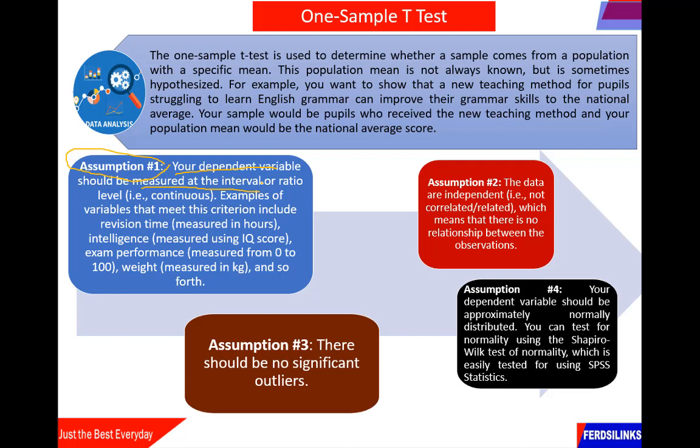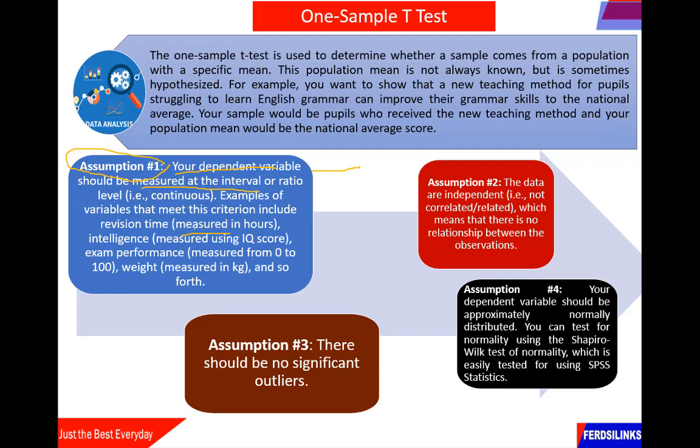In our case, we may have exam marks, revision time measured in hours to see if students have been studying, IQ from 0 to 100, or weight in kilograms. These give us a dependent variable that is continuous.